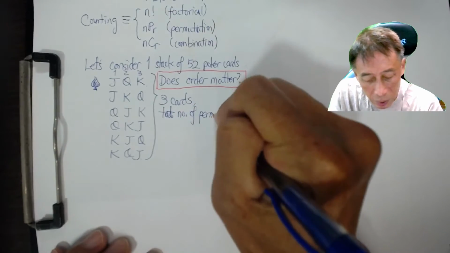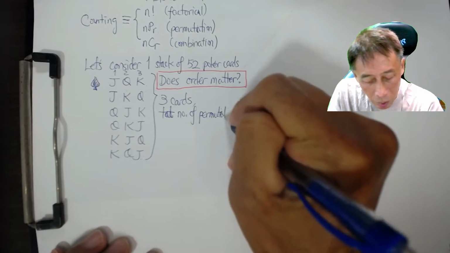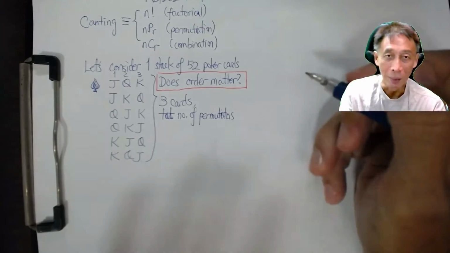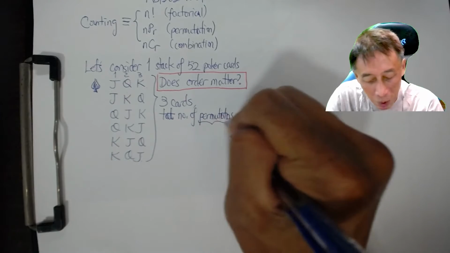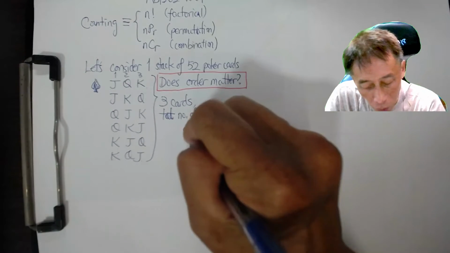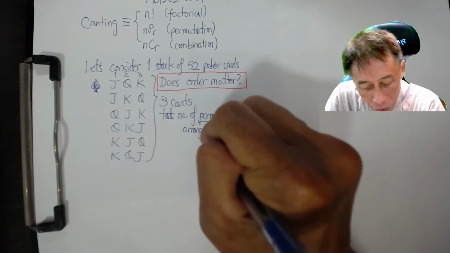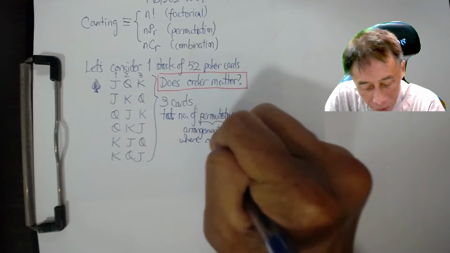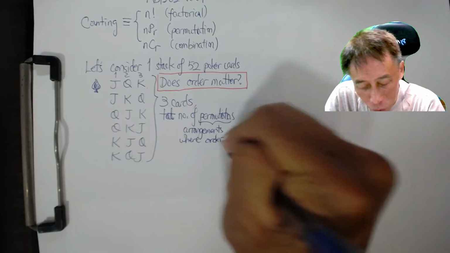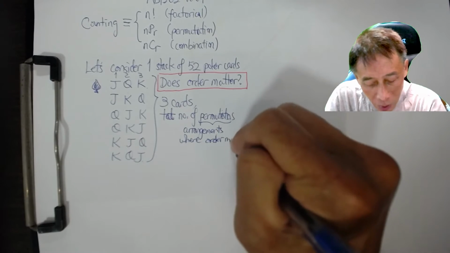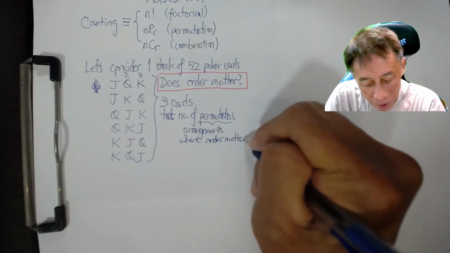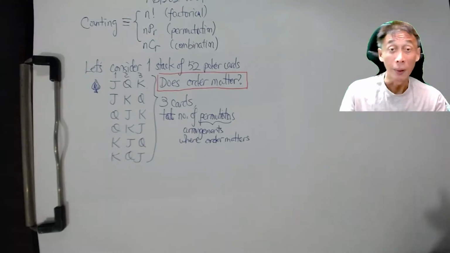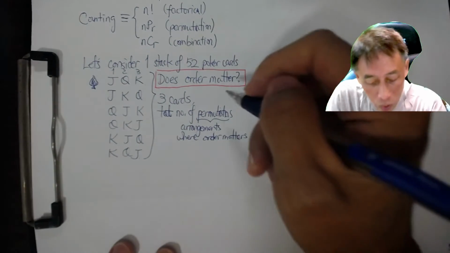That means arrangements where order matters. That's one short word for arrangements where order matters. That's why this will be our weapon to use if the question cares about the order. So we will use permutation.